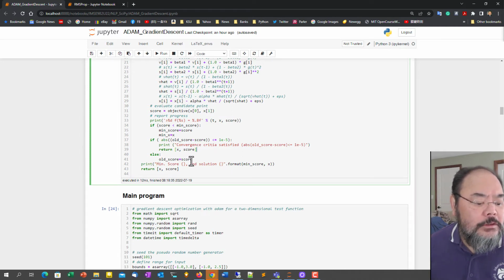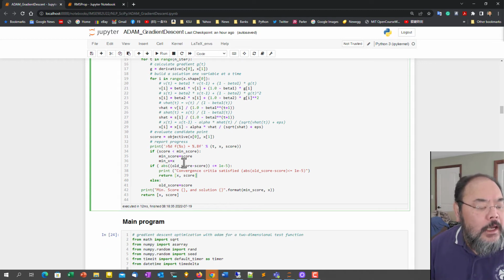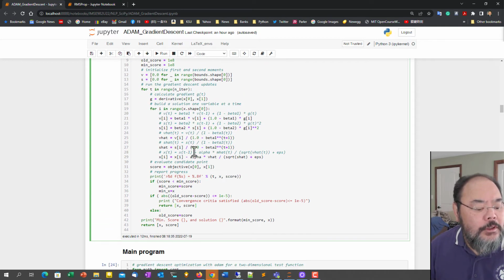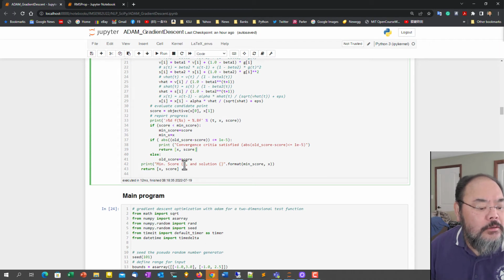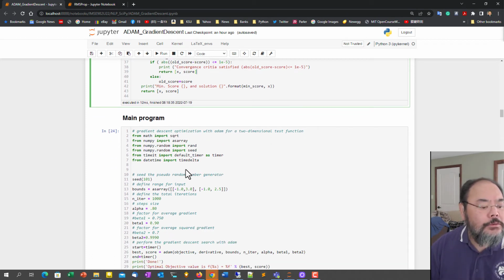Otherwise, I store the new score into the old score and loop to the next iteration. After the maximum number of iterations is exhausted, we print out the minimum score and solution, then return x and score. Here you can actually return the minimum score instead of score, and the minimum x instead of x. So it's up to you how you want to maintain this.